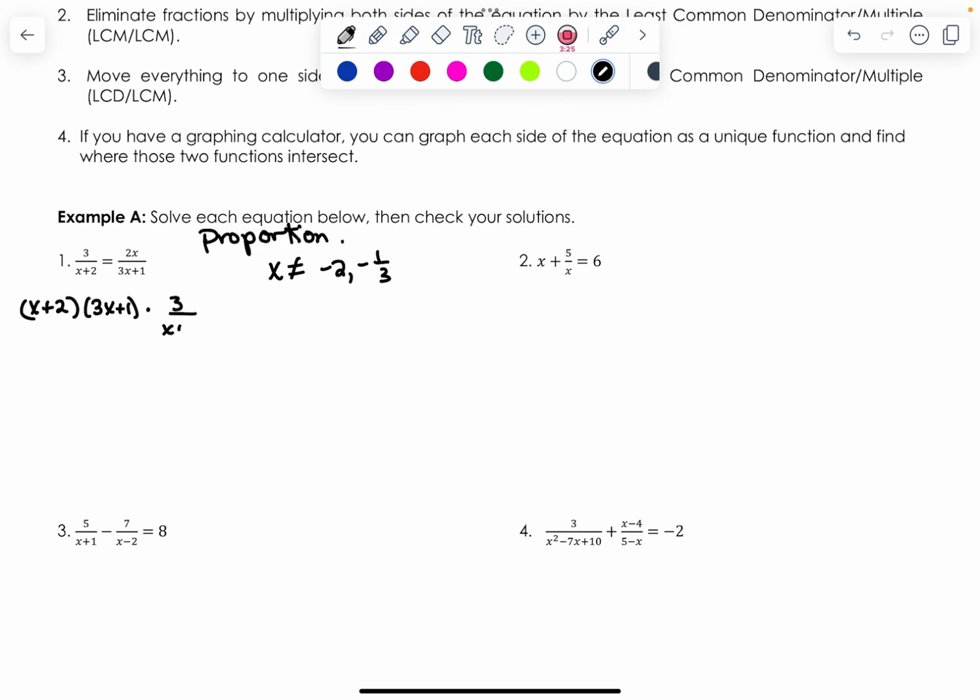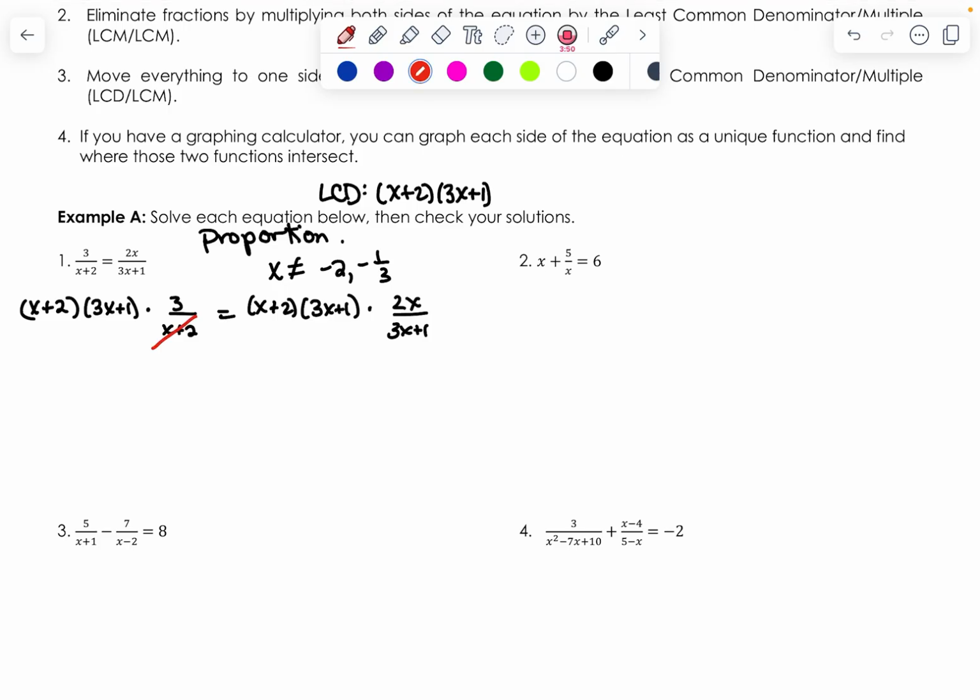So what I read above is when you have an equation, I can keep things balanced by multiplying both sides by the common denominator. So maybe I'll write the LCD here is x plus 2, 3x plus 1.